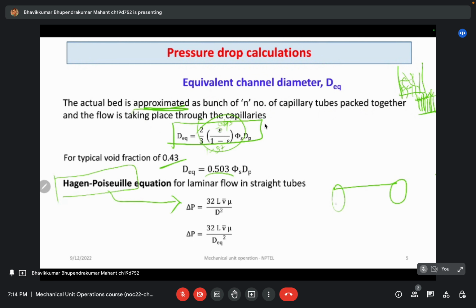When we derive the Hagen-Poiseuille equation for cylindrical laminar flow, the equation is 32 L V bar mu divided by D square. We will use the same equation here for the laminar flow region, but instead of D square we will use the equivalent diameter square. Then we will go for the calculation.